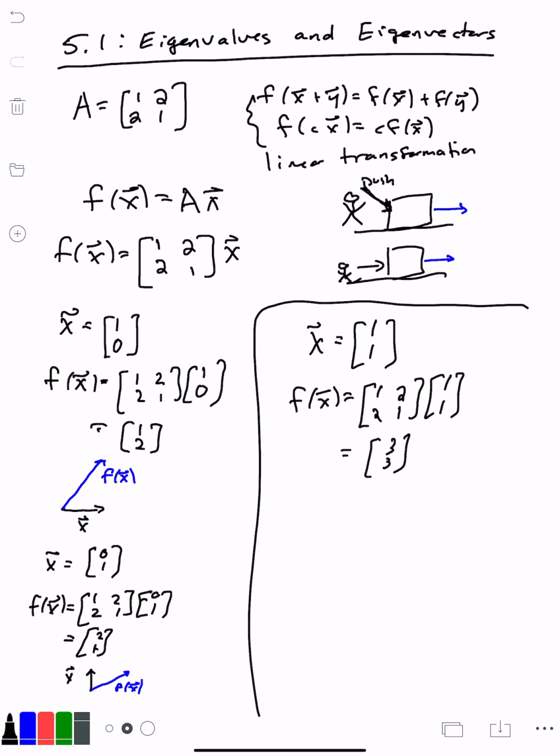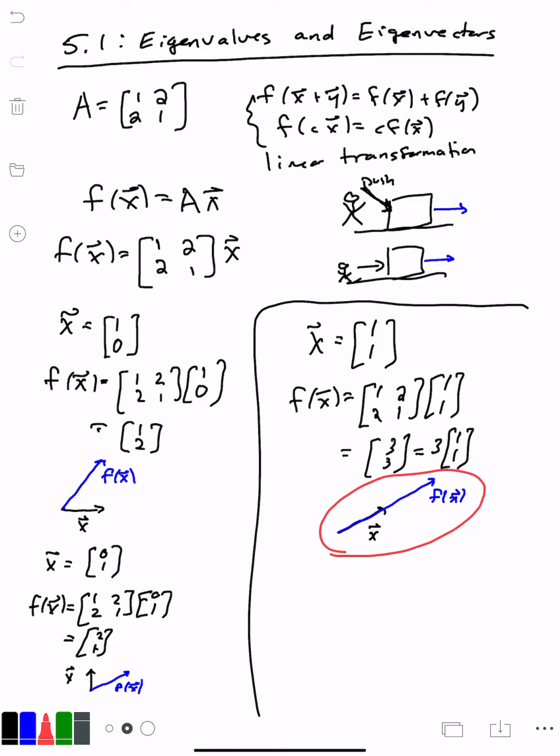And notice that (3, 3) is the same as 3 times the initial direction. So that means my initial vector x is in the (1, 1) direction, and my output vector is in the exact same direction.